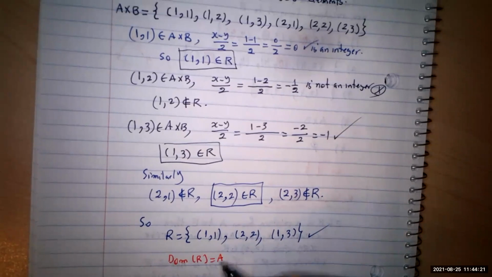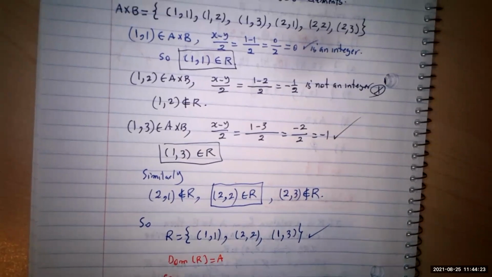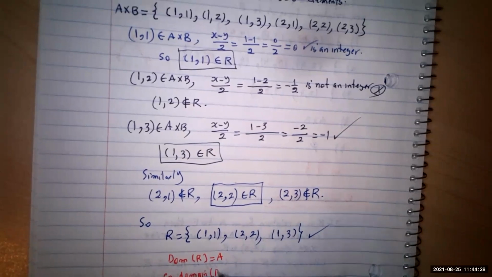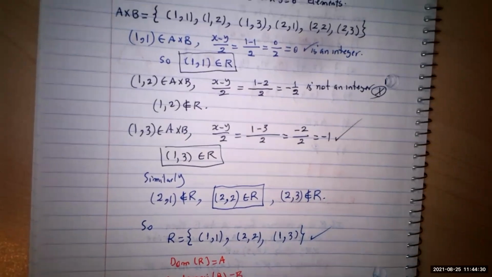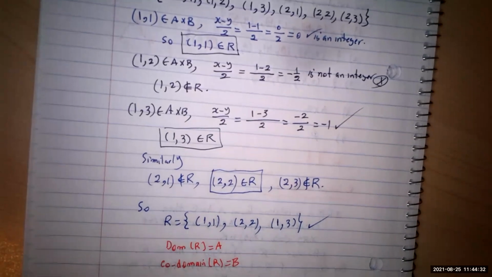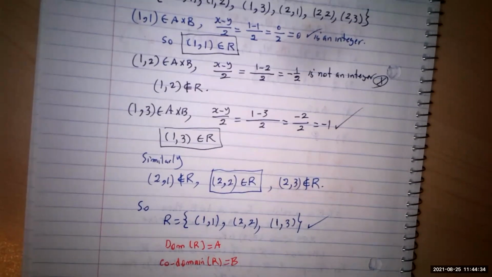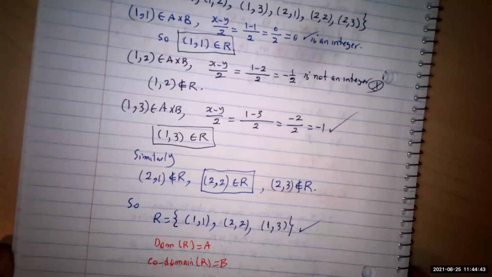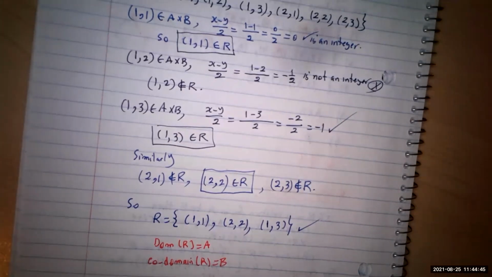That's the domain. Codomain? It is B. The codomain is B, because you are having a relation from A to B. When they say A to B, the domain is A, the codomain is B. So this is the way we operate. Any question?